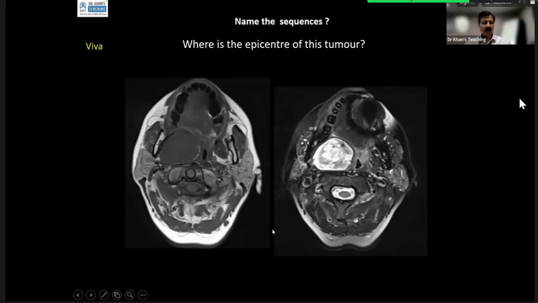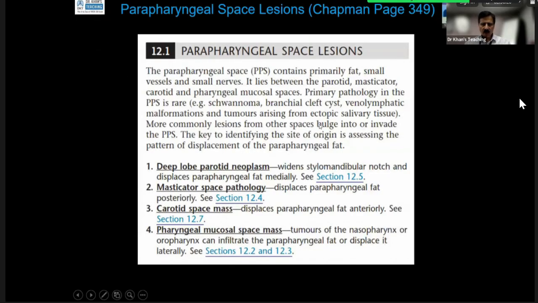So it did enhance. The patient hasn't got any infection or anything, clinically speaking. It was very well defined. It did show enhancement. So let's go back to Chapman. Now, if you see here, look at this 12.1 parapharyngeal space lesion.